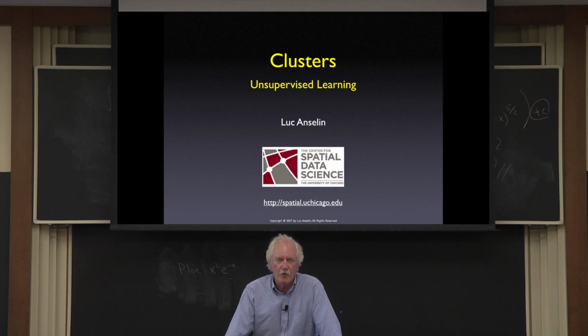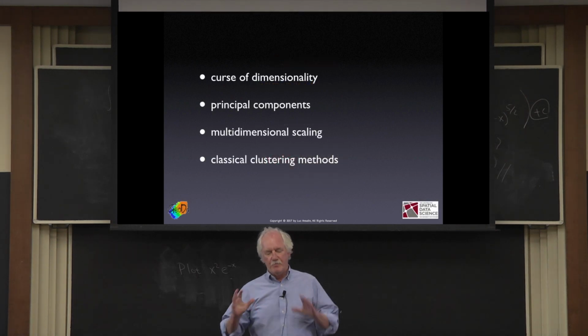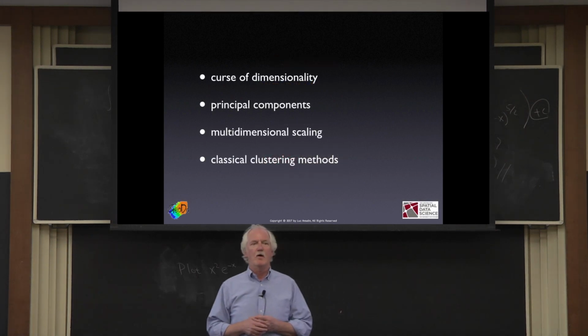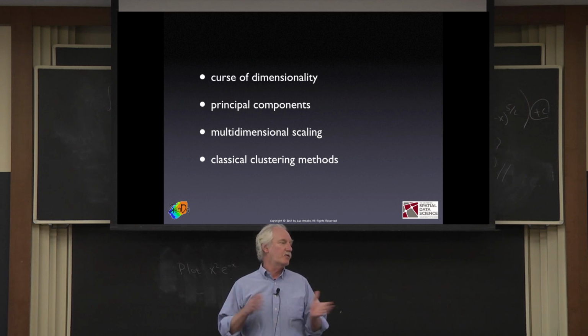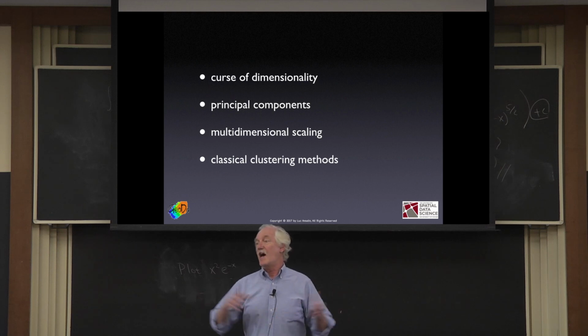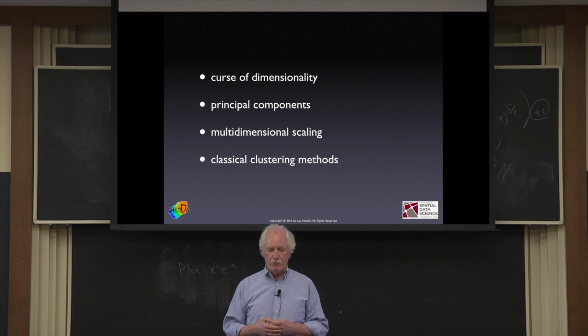So what I want to do today is kind of start us off, talk about the problem that we encounter moving from one variable or even two variables to many variables, 20, 100, thousands in the big data world and in the bioinformatics world.